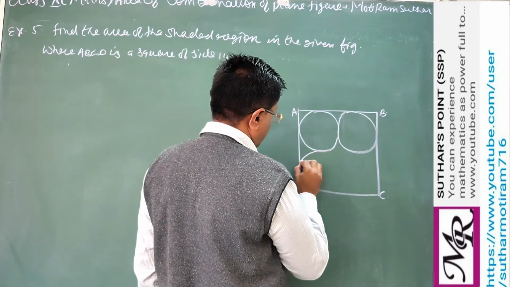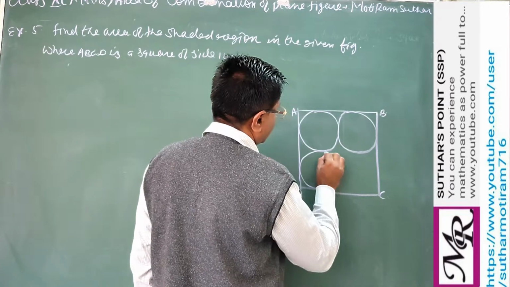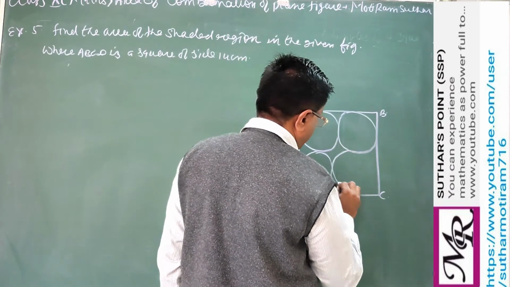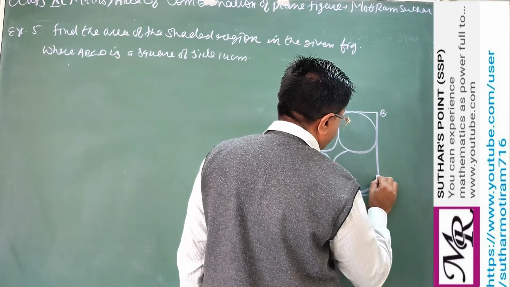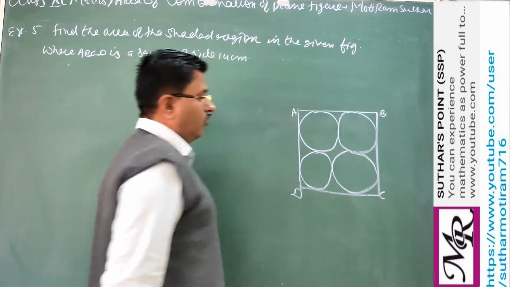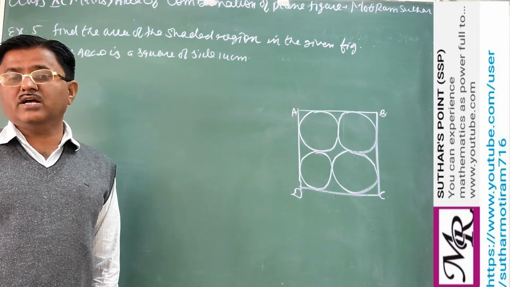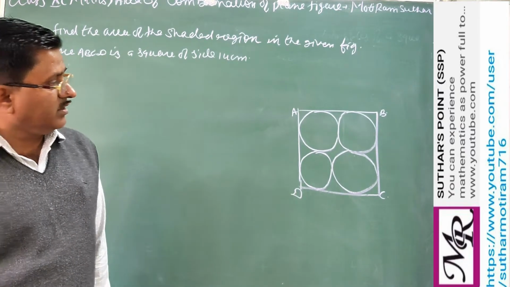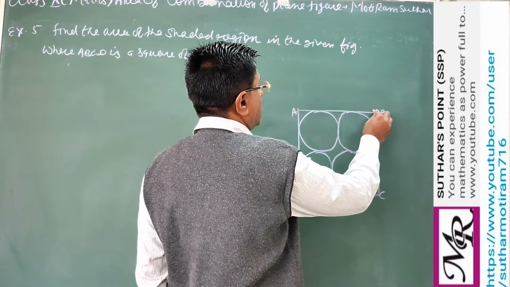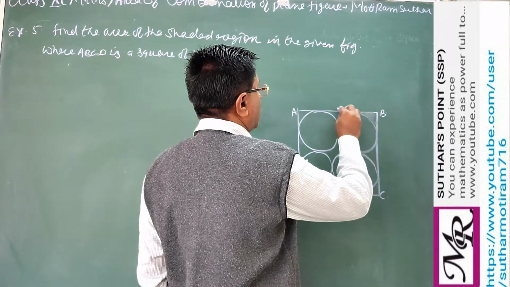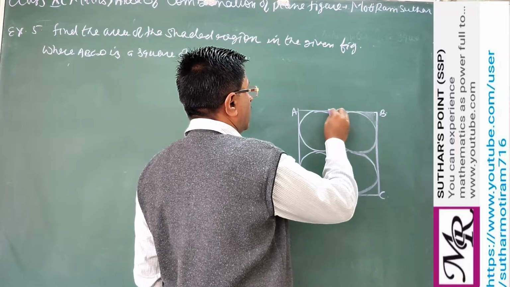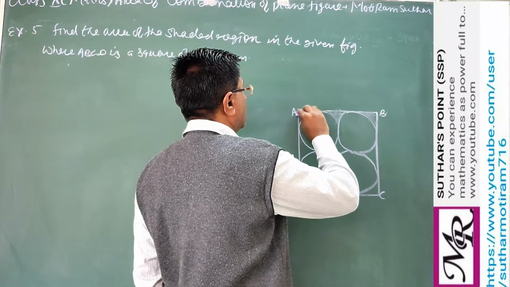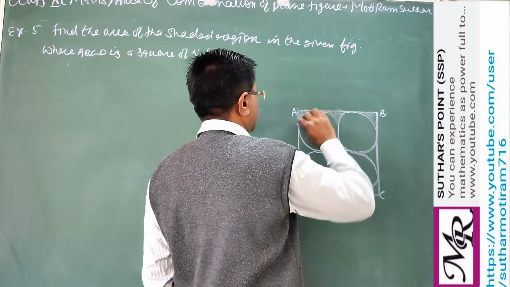We draw the figure here. With the help of the figure, one can understand that 4 small circles are given inside the square. Now you have to find the area of the shaded portion.